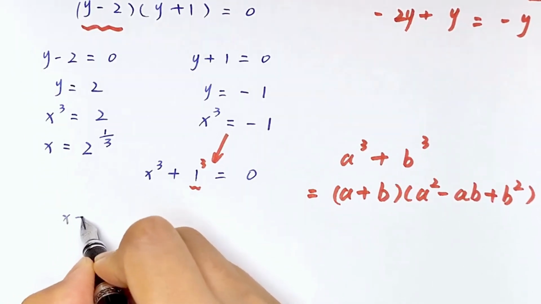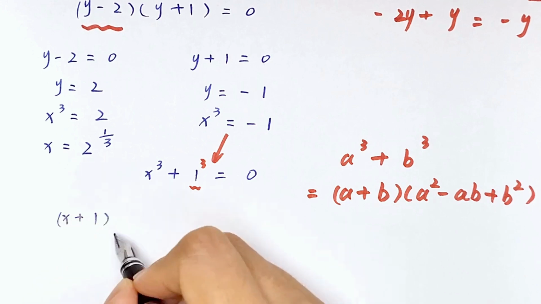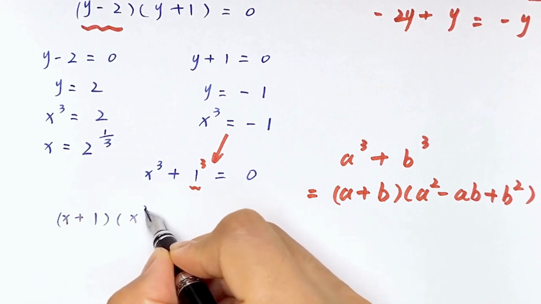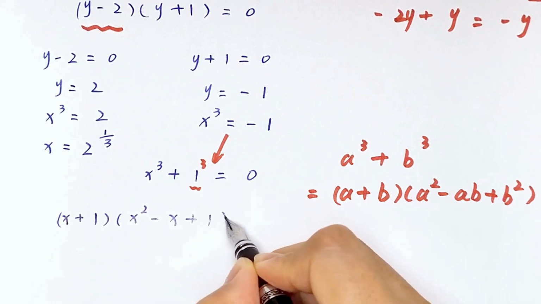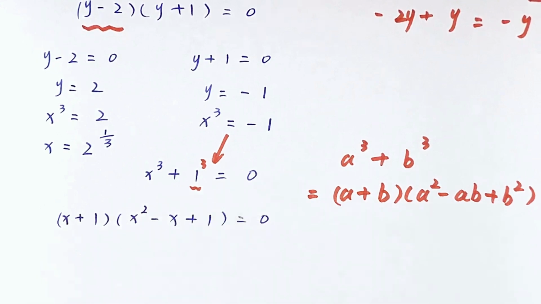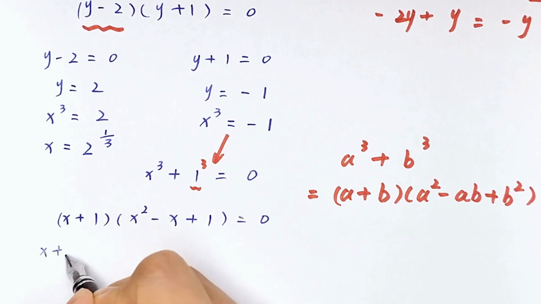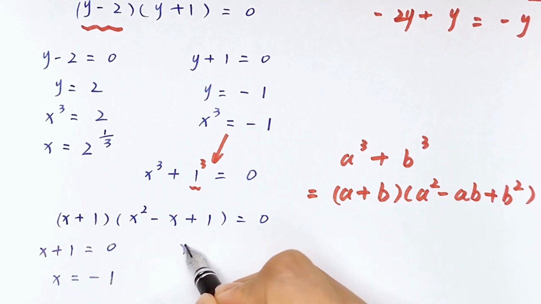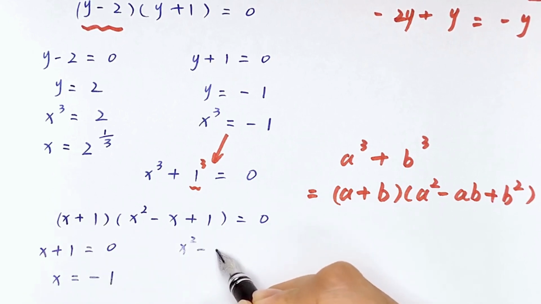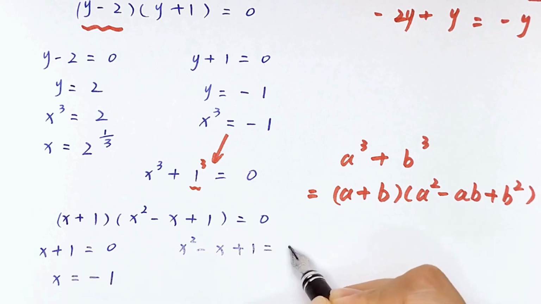X plus 1 bracket times x squared minus x plus 1 bracket is equal to 0. X plus 1 is equal to 0, so x is equal to -1. X squared minus x plus 1 is equal to 0.